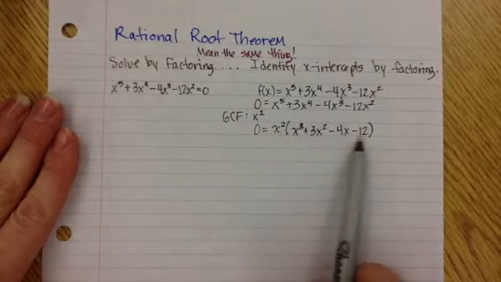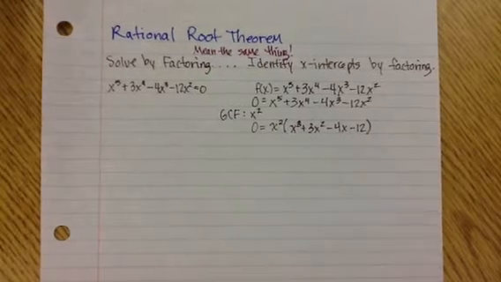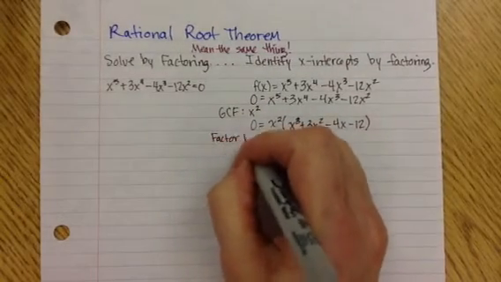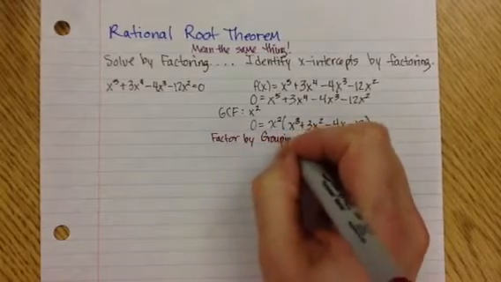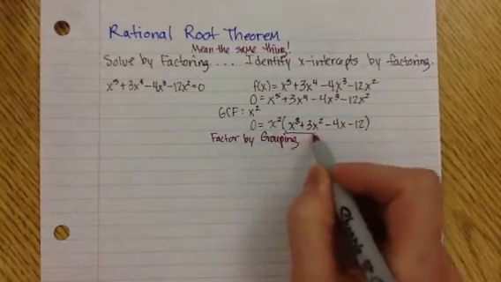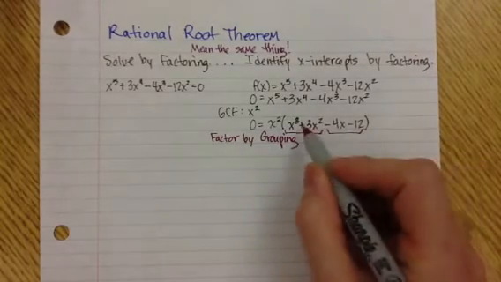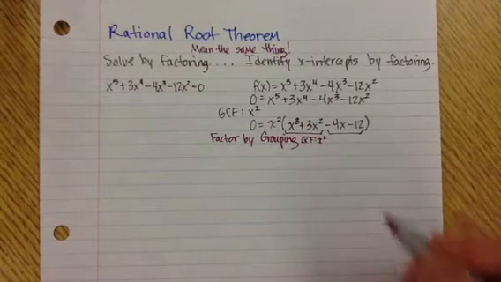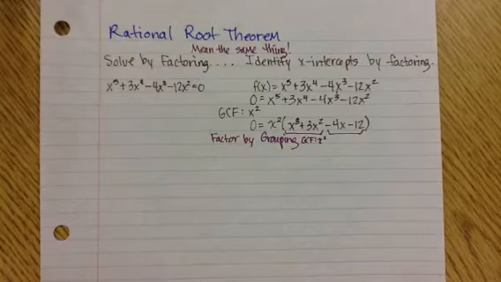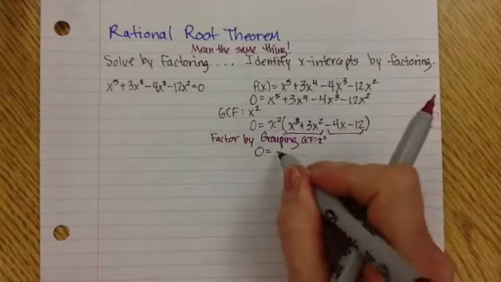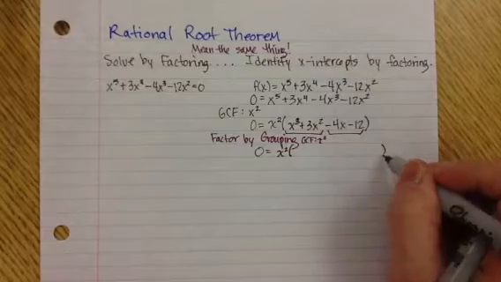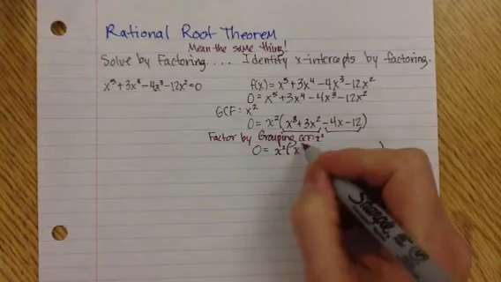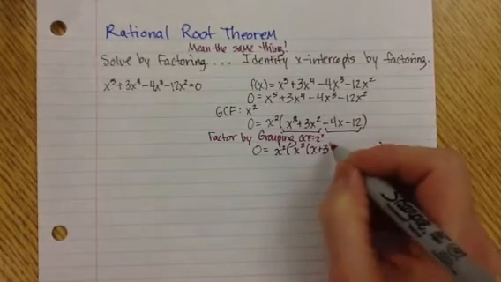And then I'm going to factor what remains in this set of parentheses. And since there are 4 terms, I will factor by grouping. So I'll look at my first group here and second group. In the first group, the greatest common factor is x squared again. So I will rewrite my equation 0 equals the x squared that I had when I started, and then I'm going to take the x squared out of my first group, so x squared times x plus 3.